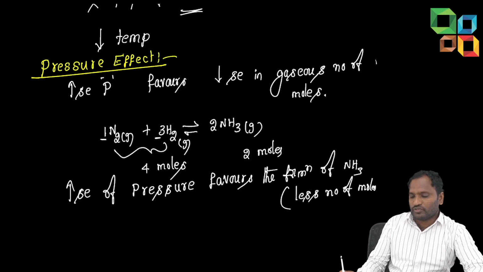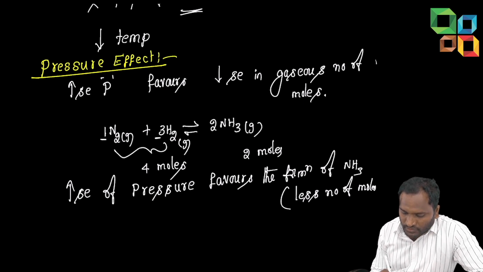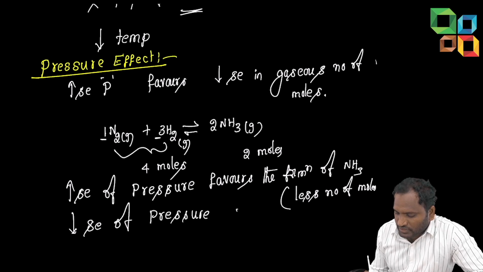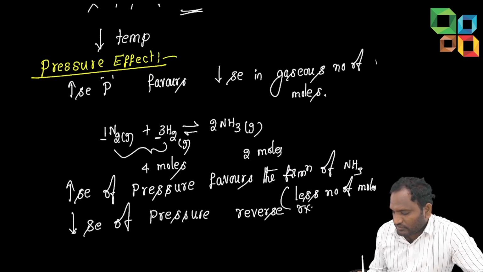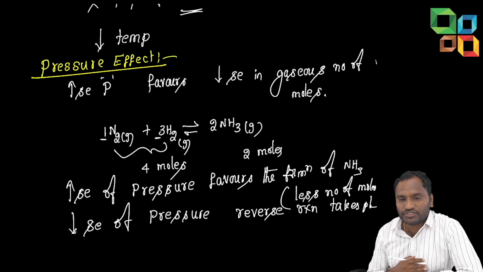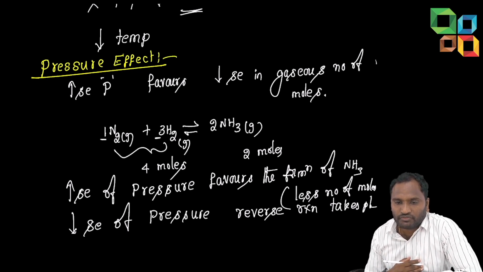If I decrease the pressure, reverse reaction takes place. Equilibrium moves towards the reactant side.